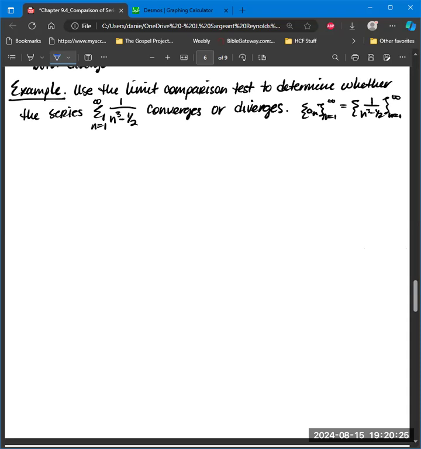Let's look at the nth term test here first. The limit as n goes to infinity of 1 over n cubed minus 1/2 is going to go to 0, so no info here, but we start there, right? So let's compare to something that it looks like.